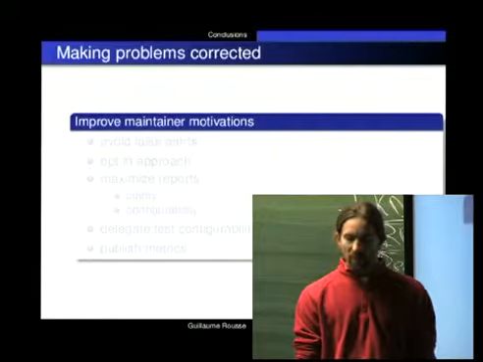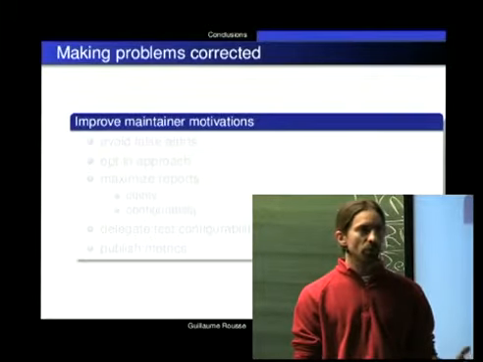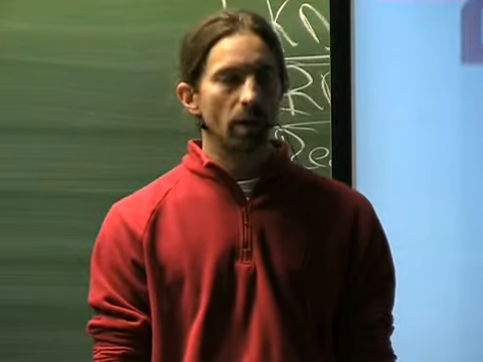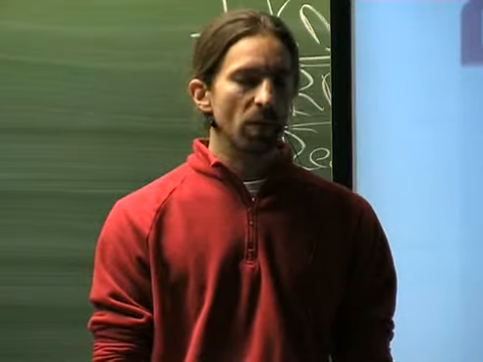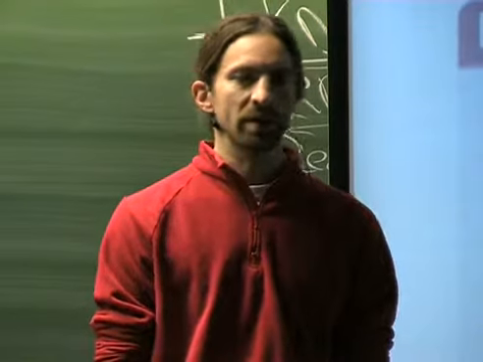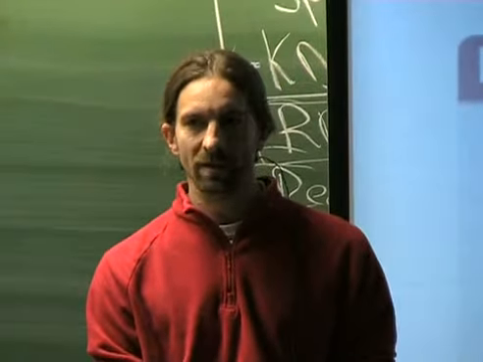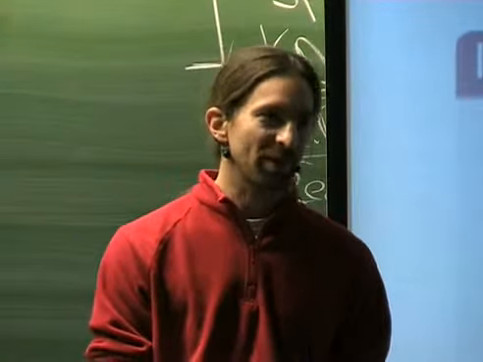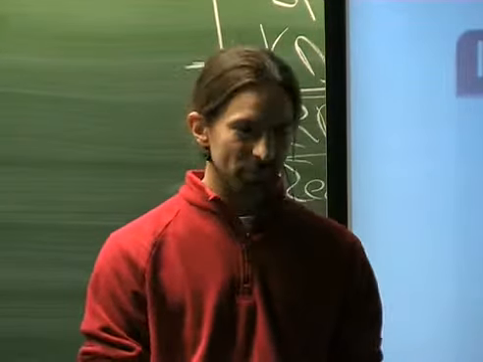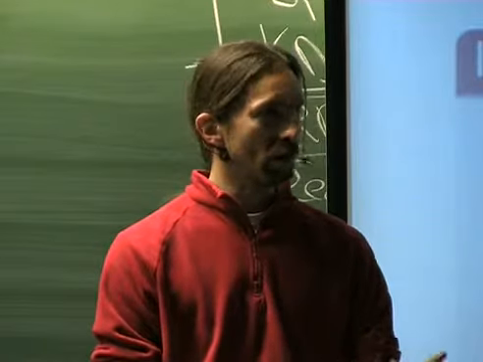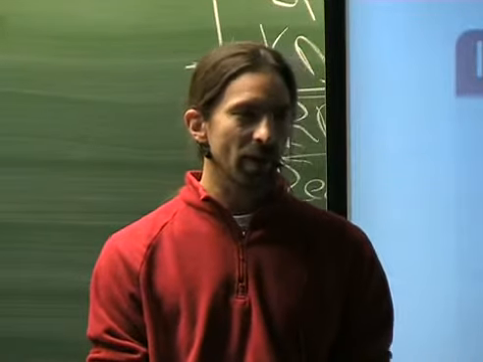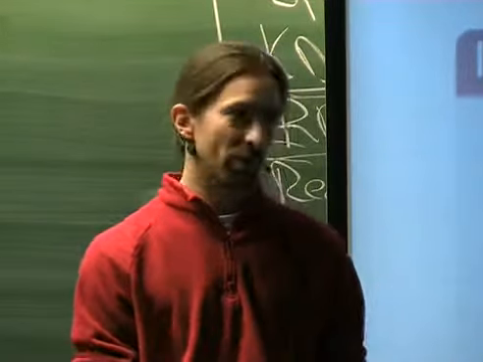Once you know there is a problem, you have to get this problem corrected. And the point is not to be the only guy that corrects problems for everyone else, but to have maintainers correct this problem. So you have to keep their motivation high, and the higher the better. So you have to avoid false alerts where possible.